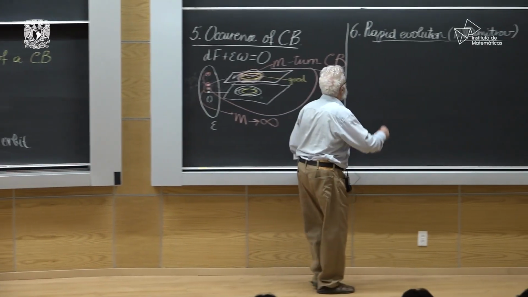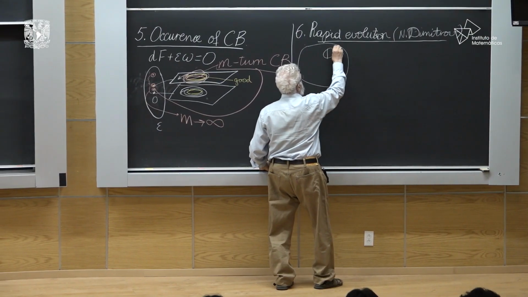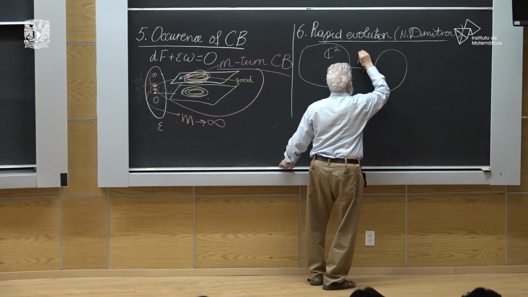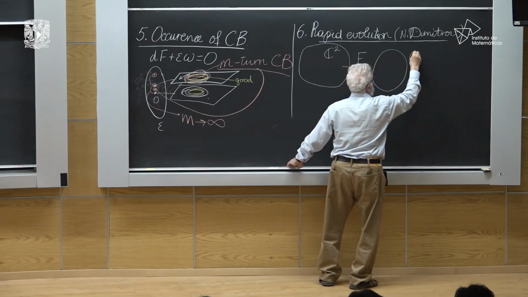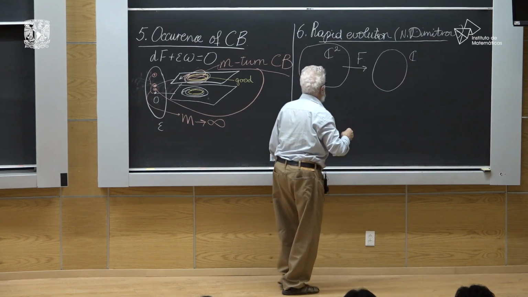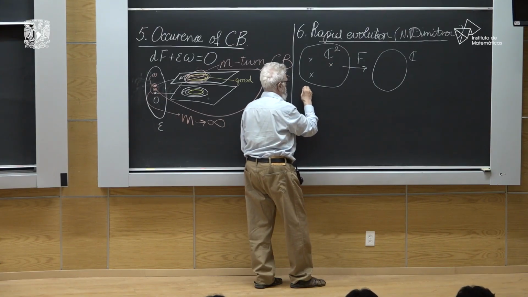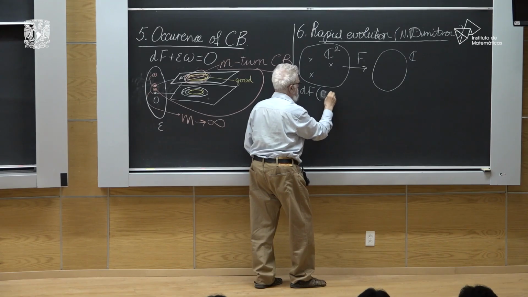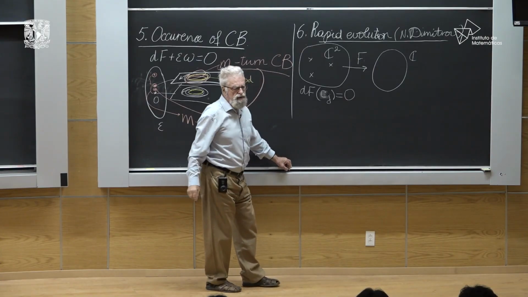We take the map from C squared to C just given by the Hamiltonian function f. We take the critical points Cj, where the differential of the function equals 0.